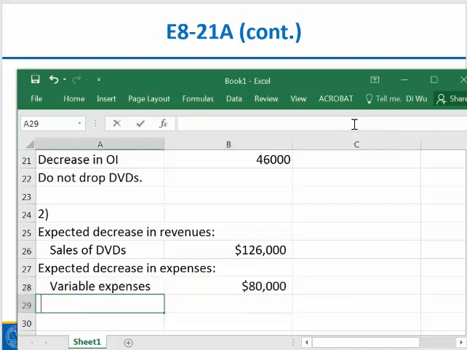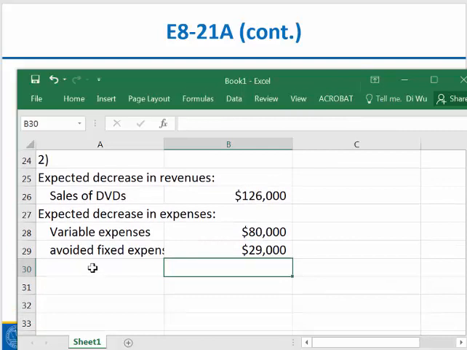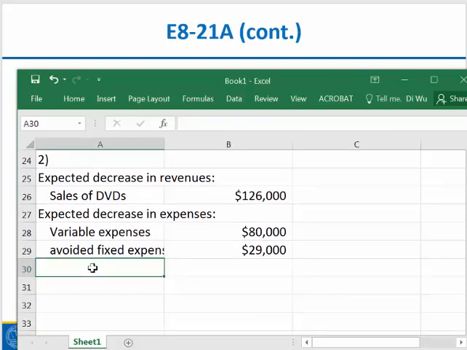In the meantime, this time you have avoided fixed expenses, which is 29,000. So this time you actually end up saving more. Now let's see how that will work.